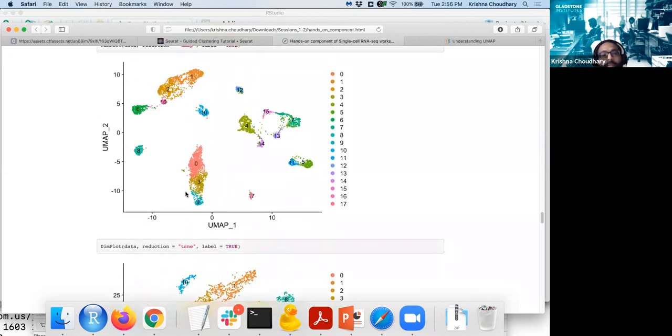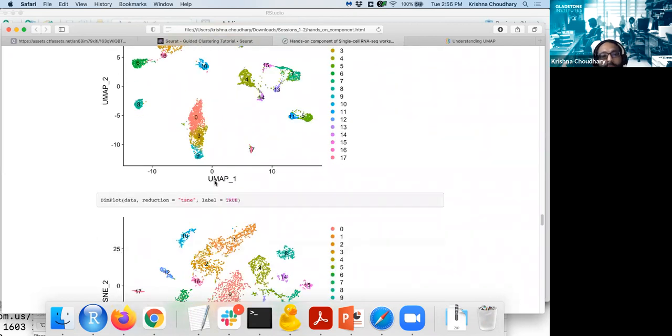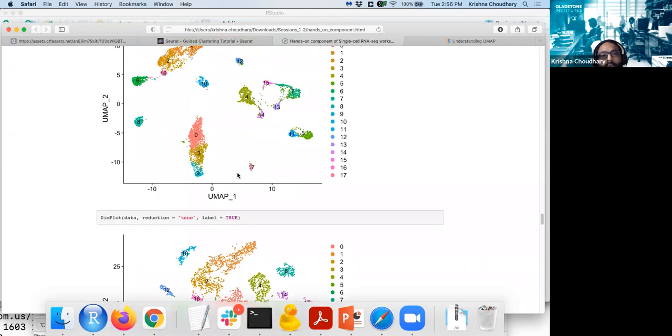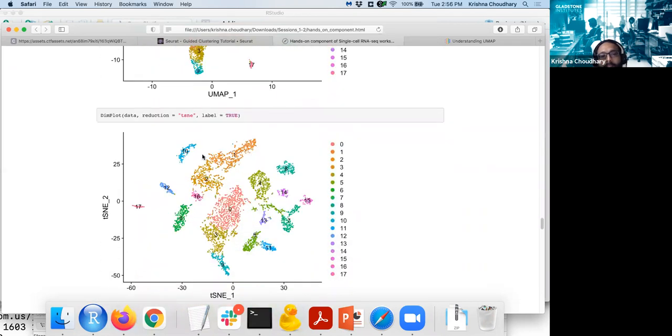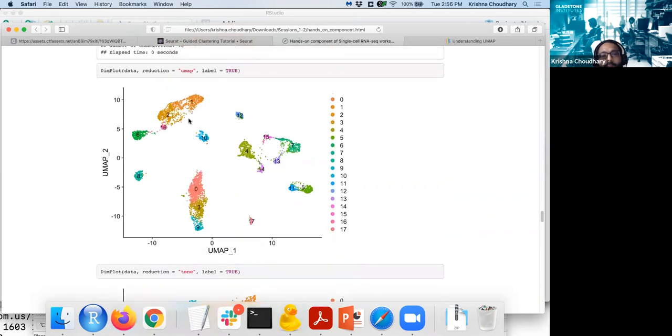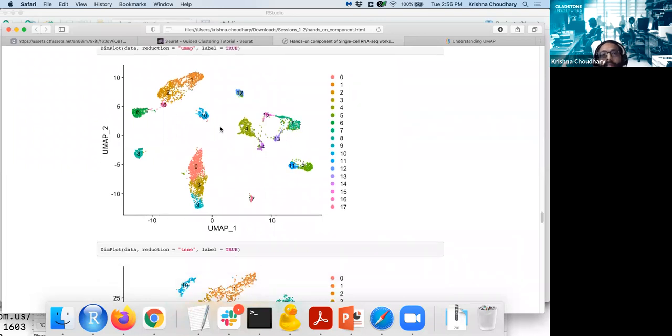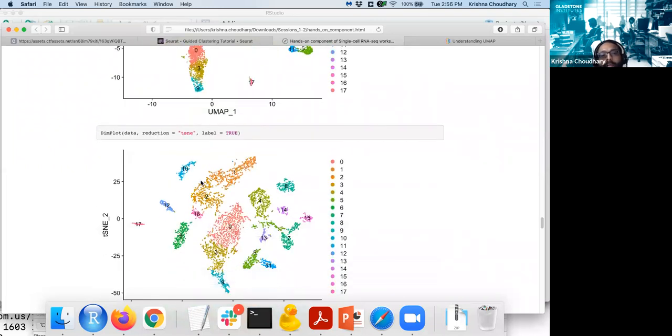In both the UMAP space and the t-SNE space, all cells have the same cluster labels, and we can see that the clusters are in separate locations. UMAP plots are more tightly packed because of the parameter settings. You can tune the parameters of t-SNE also to get tightly packed clusters.